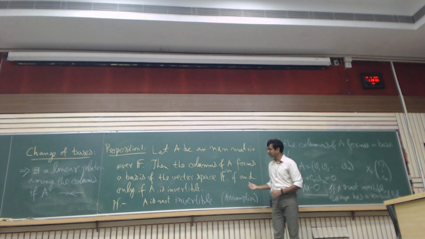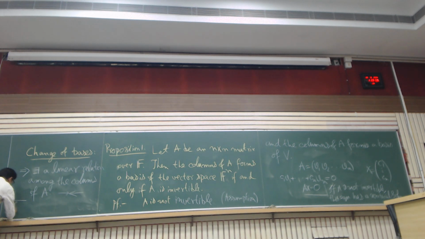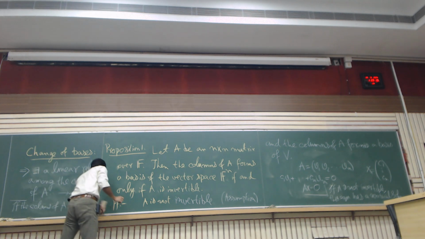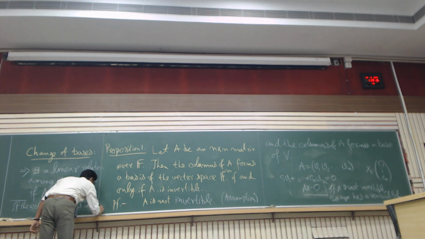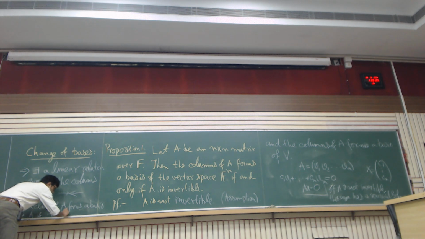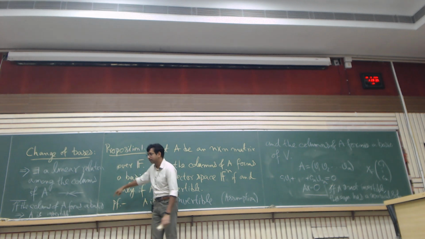Now, coming in a direct way, what we have shown here is that if the columns of A form a basis, that implies A is invertible. So this is the implication from here to here.